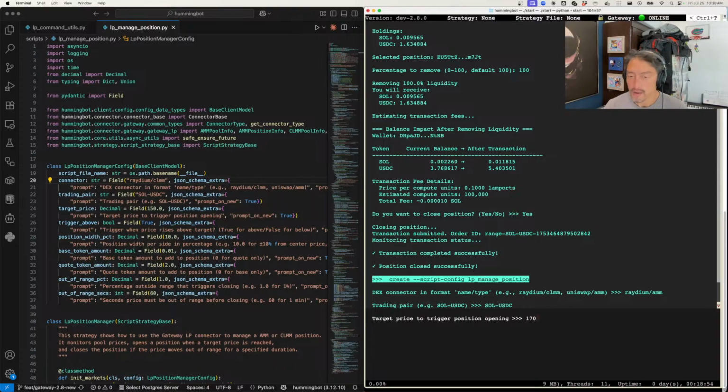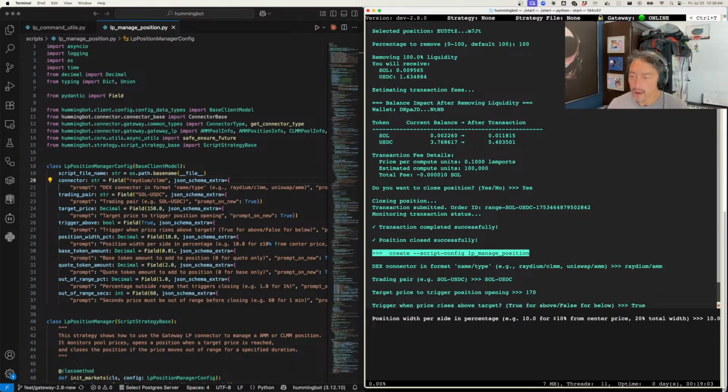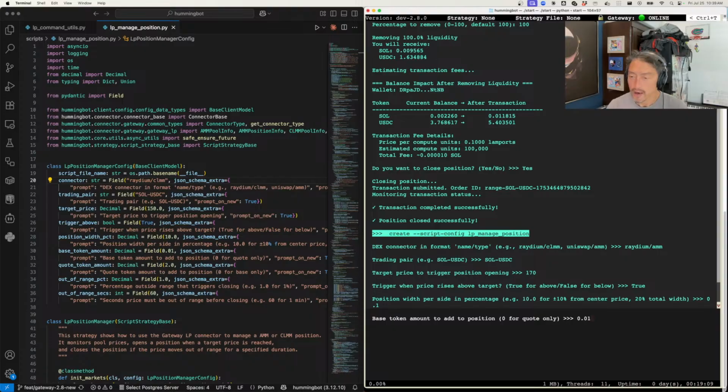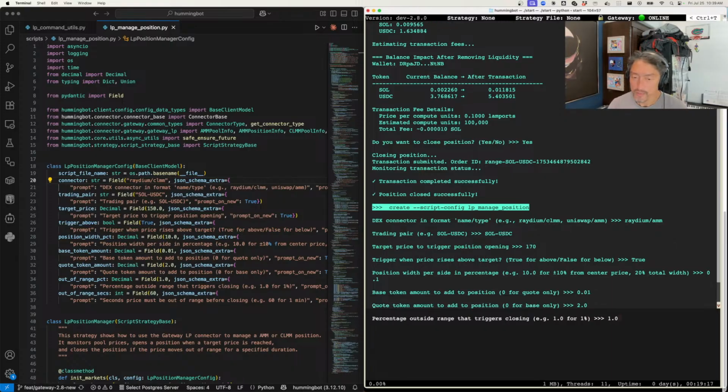So let's say I want to target a price for opening the position at 170. And so if it goes up, we want to have a very narrow range. So I'm going to do like a 0.1% range, and then I'll add about 0.1 SOL and 2 USDC to create a very small test position. I want to track as soon as this thing goes out of range. I'm going to use 0.